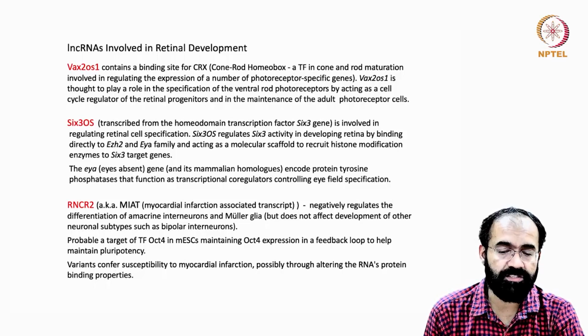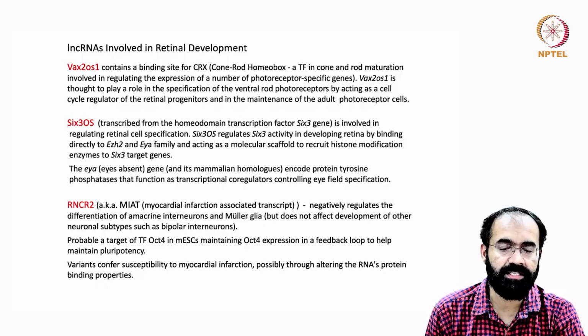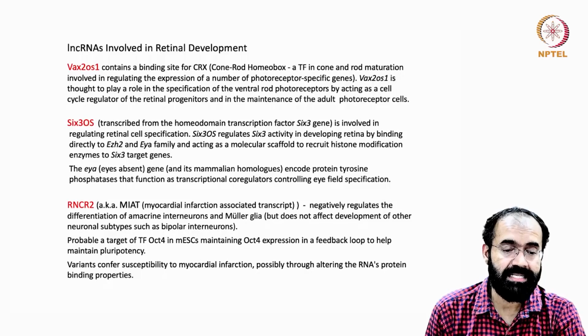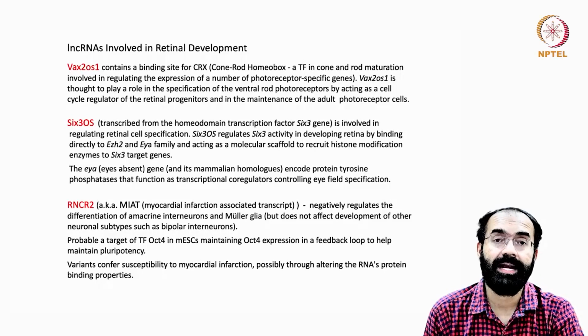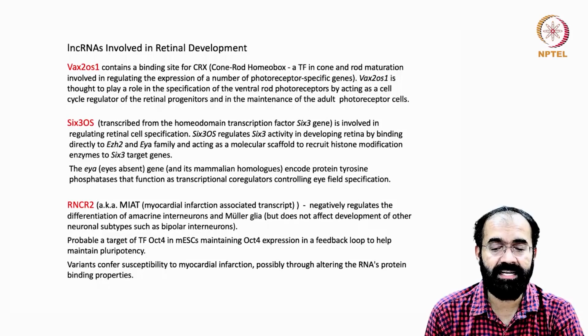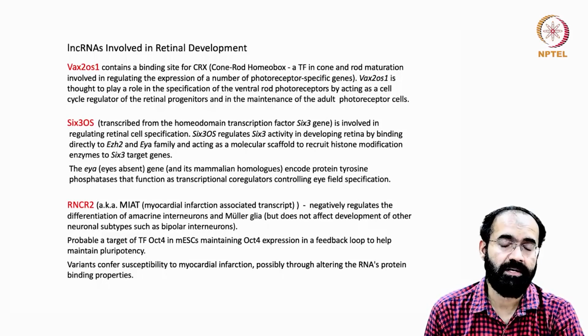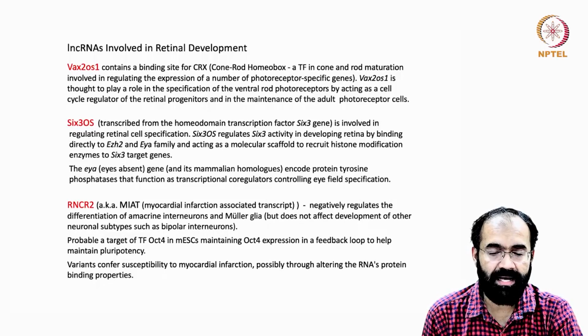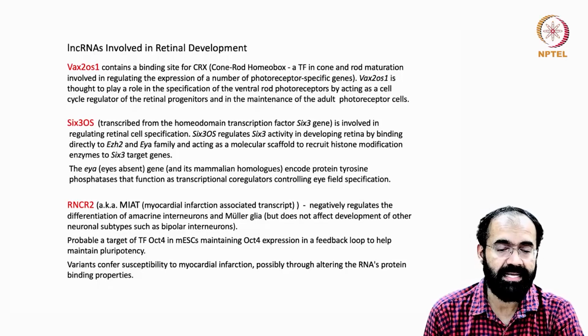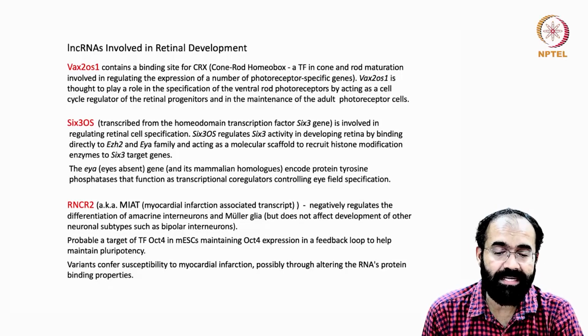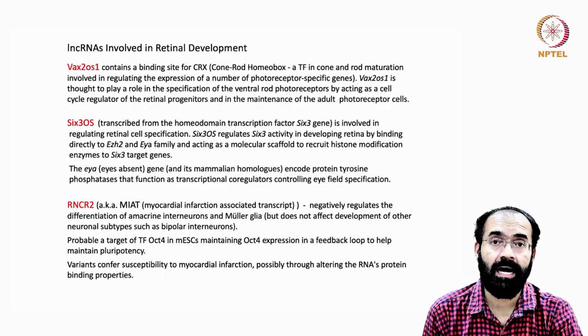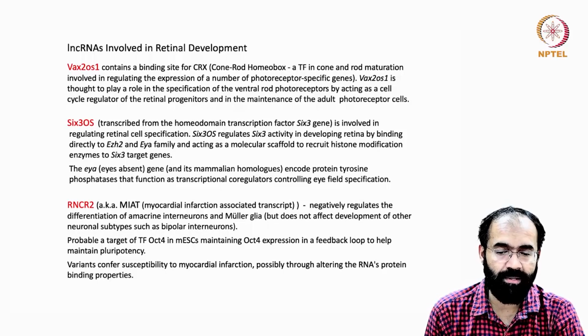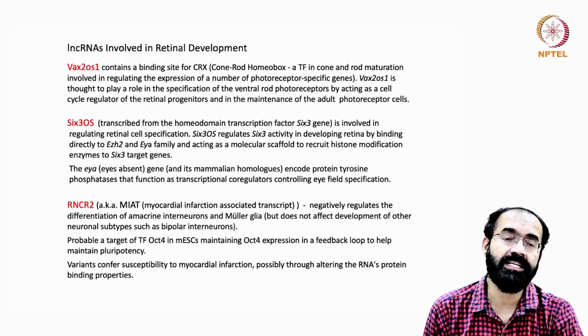And VAX2OS1 is thought to play a role in the specification of ventral rod photoreceptors by acting as a cell cycle regulator of the retinal progenitors and the maintenance of adult photoreceptor cells. So this non-coding RNA is making sure that the ventral rod photoreceptors are kept in proper number, and it regulates the cell cycle.